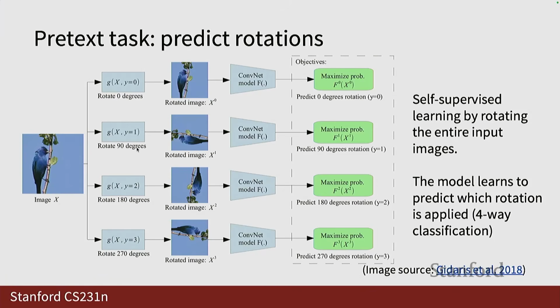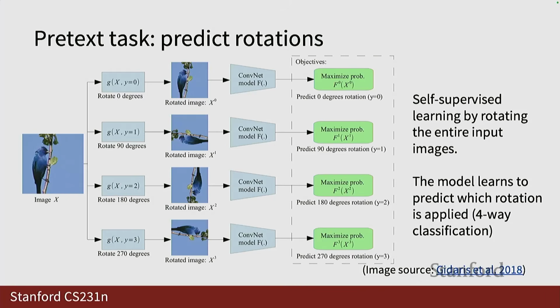Because they only created 4 different outputs, this is a classification task. It doesn't have to predict the exact value of the angle in degrees, but is actually just predicting one of these 4 classes: 0, 1, 2, or 3.